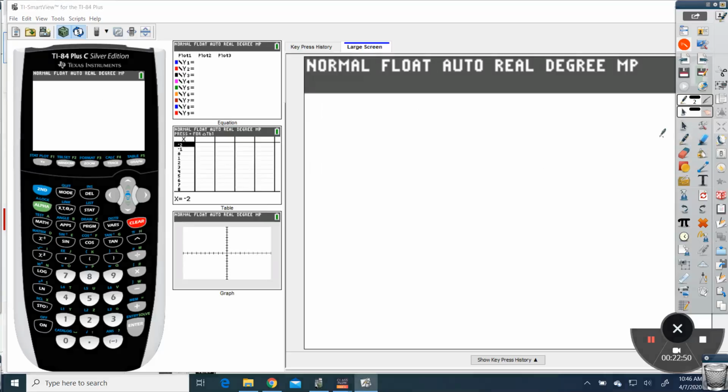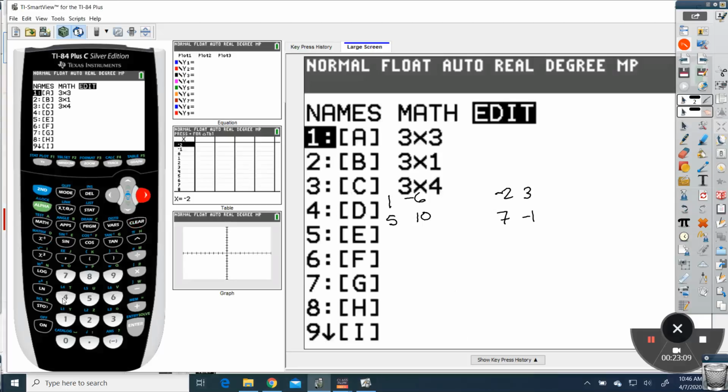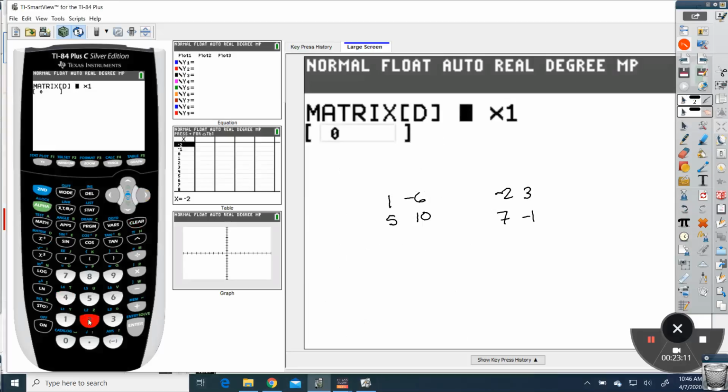So that was 54. So A was 1, negative 6, 5, 10. And B is negative 2, 3, 7, negative 1. So I come to my calculator. I go second matrix, edit, and I pick whatever one. I'm going to pick D. I'm going to make it a 2 by 2.